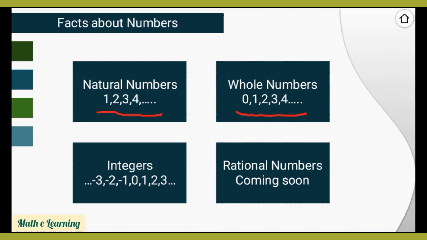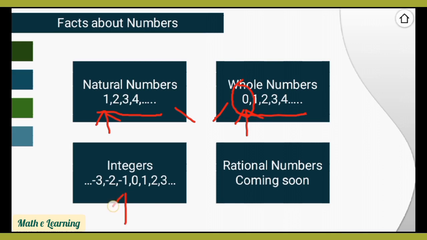It is a collection of 0, 1, 2, 3 up to infinity. So what is the difference between natural numbers and whole numbers? Yes, one additional 0 is here in whole numbers, right? So we can say that the smallest natural number is 1 and the smallest whole number is 0.